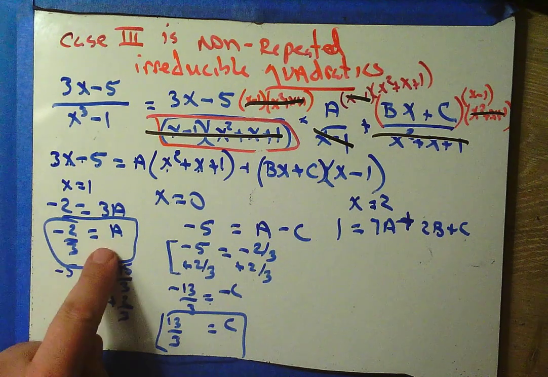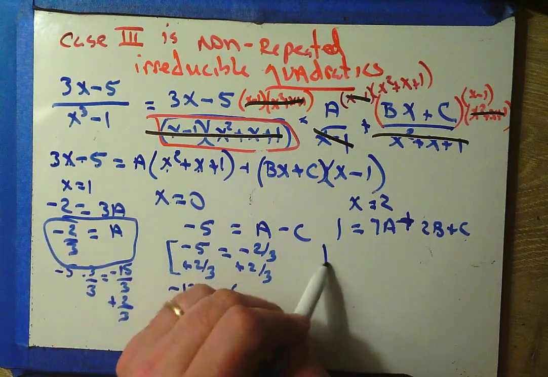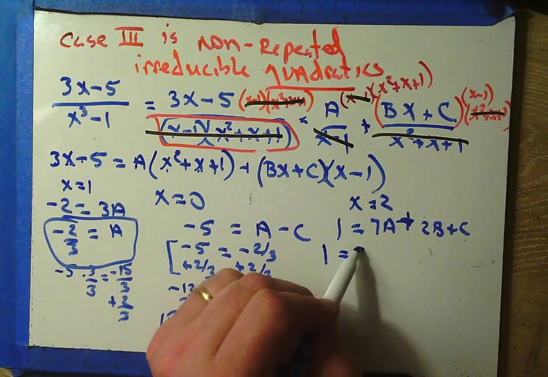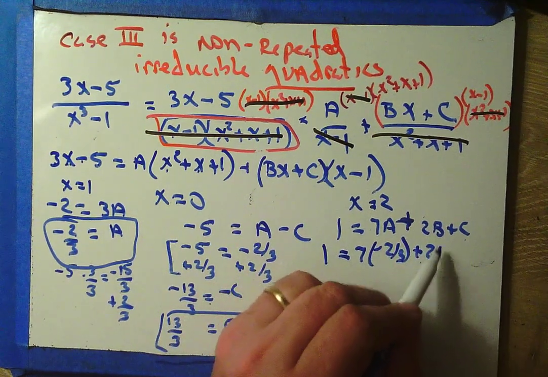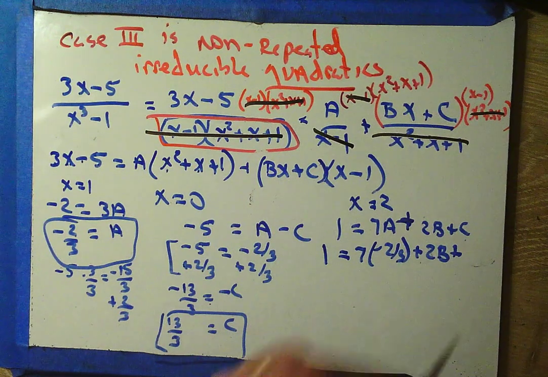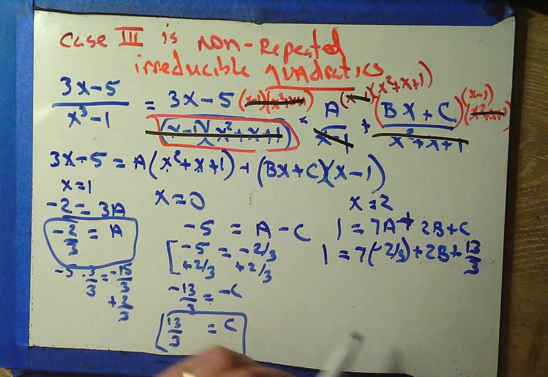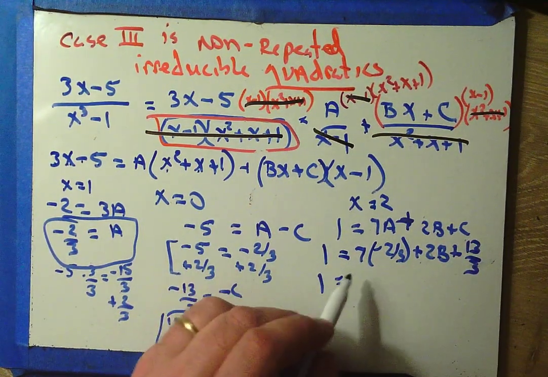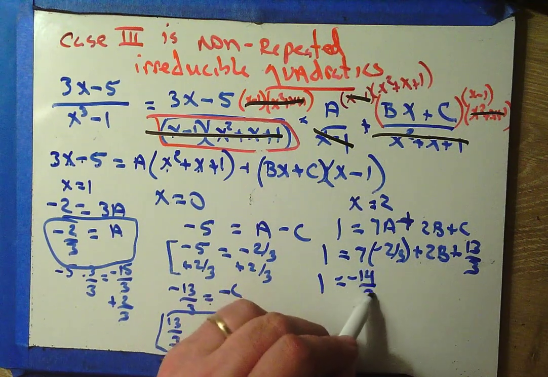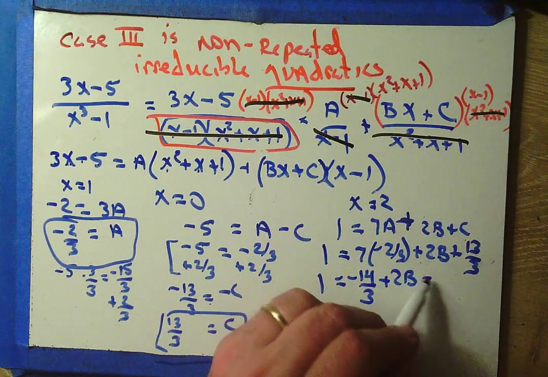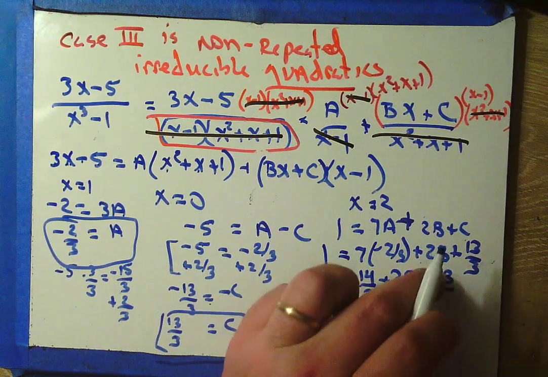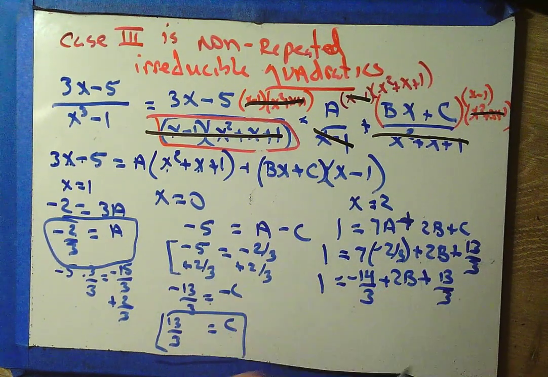All right, let's plug in the a and the c that we know. 1 equals 7 times negative 2/3 plus 2b plus 13/3. Okay, so we've got 1 equals negative 14/3, right? Because 7 times negative 2 plus 2b equals 13 plus 13/3.